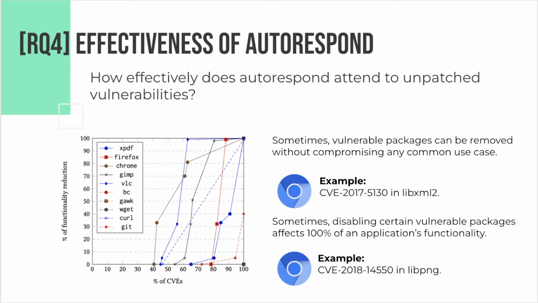Finally, we evaluated the effectiveness of auto-respond to rapidly respond to unpatched vulnerabilities. Auto-respond handles unpatched vulnerabilities by disabling the packages that contain them. However, disabling the required packages affects the application's usability too. To evaluate this effect, we measure the reduction in functionality when packages containing vulnerabilities are disabled.